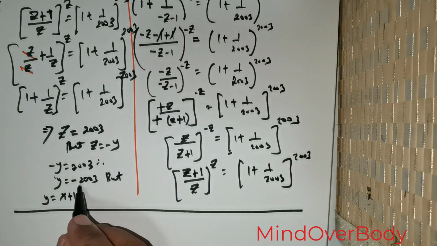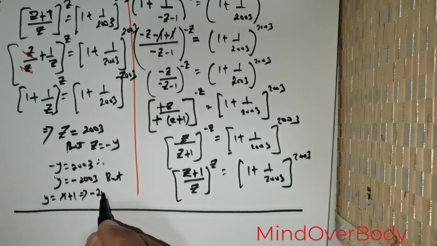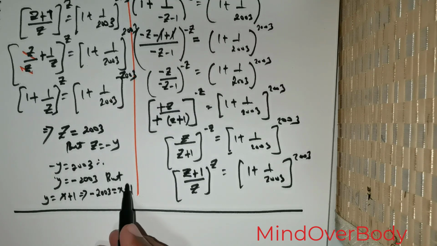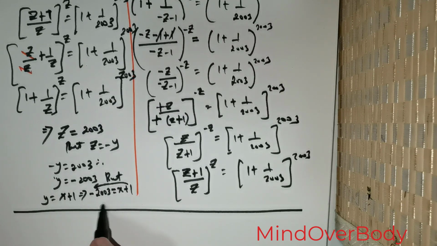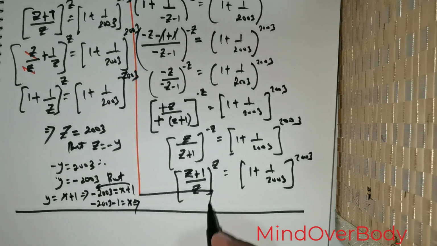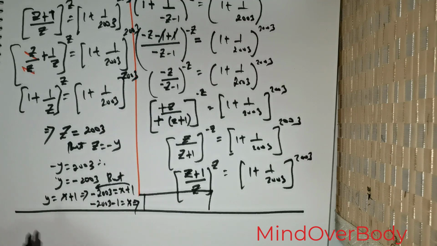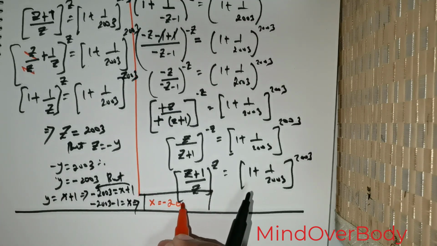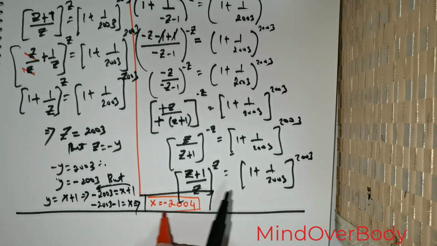Taking the value of y and substituting it here, I get negative 2003 is equal to x + 1. If you take this 1 to the other side, I get negative 2003 minus 1 is equal to x. So this would mean I get x equal to negative 2004. So this is the solution.